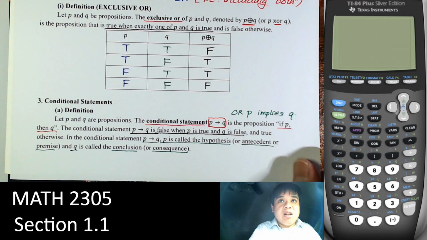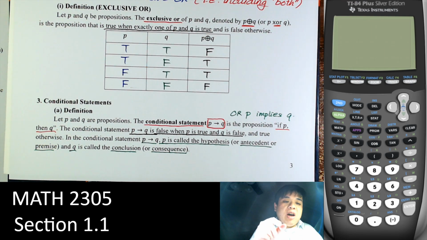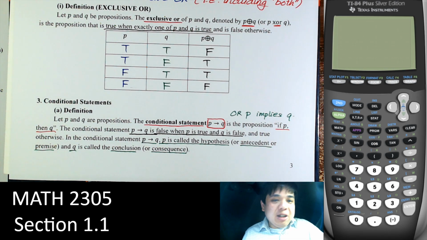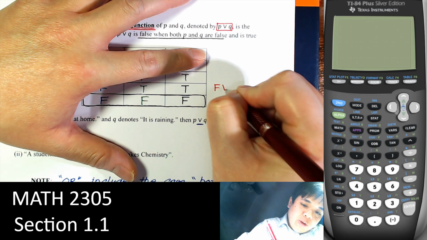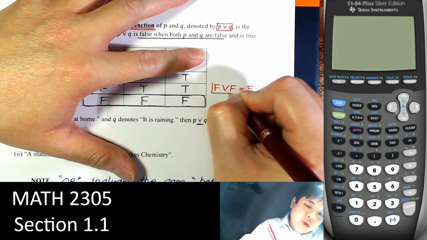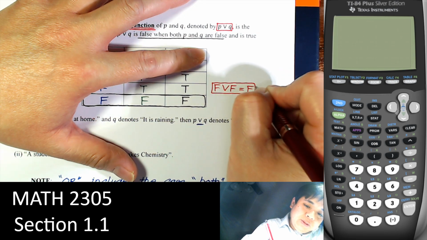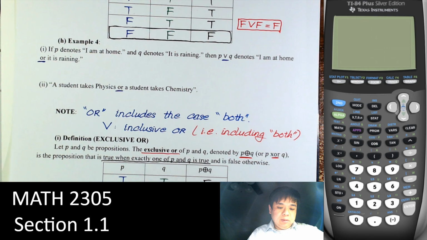So there's a lot, but just keep in mind that it is false if true implies false. Just go back to the disjunction and write this real quick. False or false is false. Everything else is true.